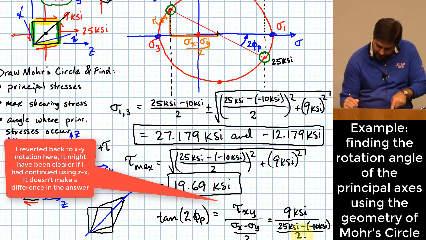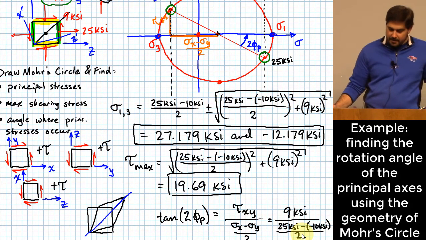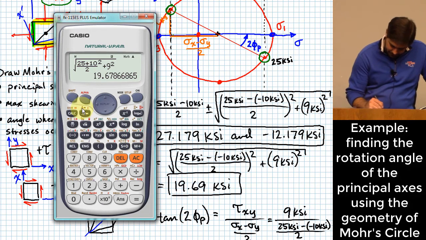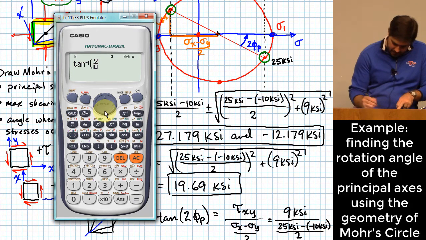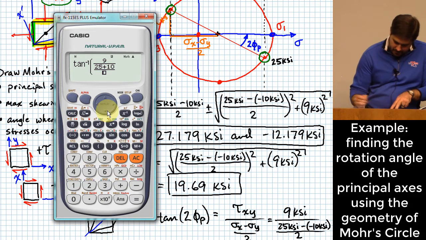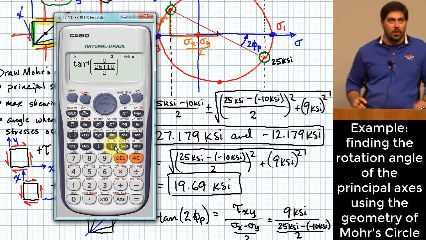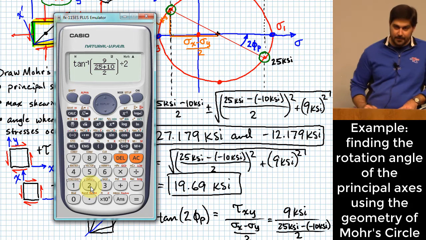Then that was all divided by 2. So if I take the inverse tangent of that, it gives me 2 times phi sub p. Okay, so there I've got 9 over 25 plus 10 over 2. Okay. And what if I just want phi sub p? Got to divide that by 2, right?